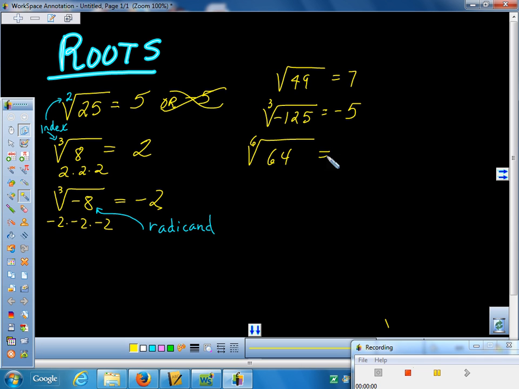Well, that's where it might be helpful to be able to read the little pink chart I just gave you. You'll notice it has the numbers 1 through 20 down the side, and going across the top, it tells you what all the squared numbers are, the cubed numbers, 4th, 5th, and up to the 6th power.